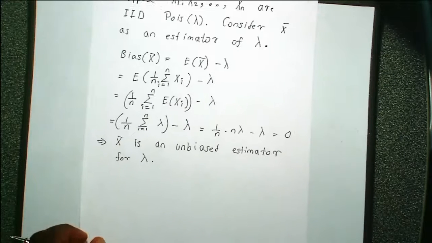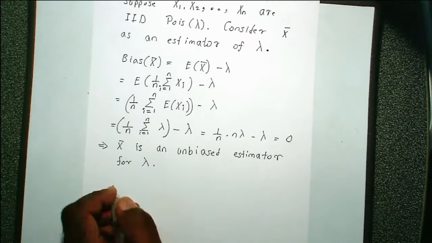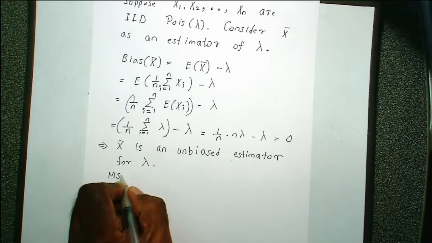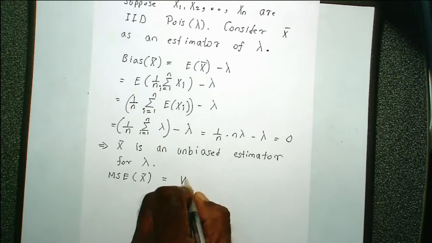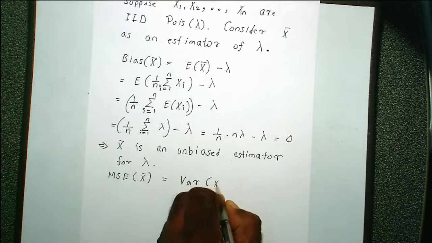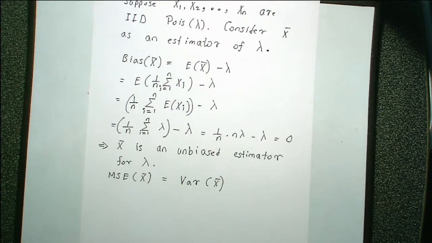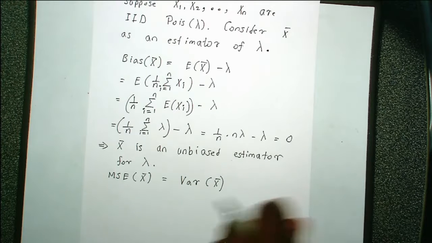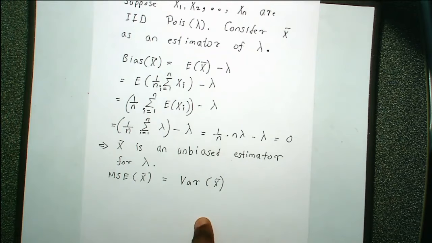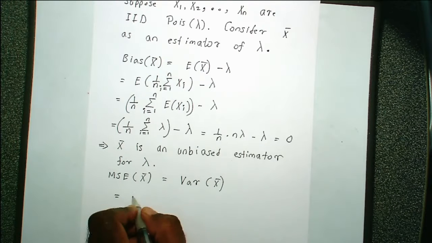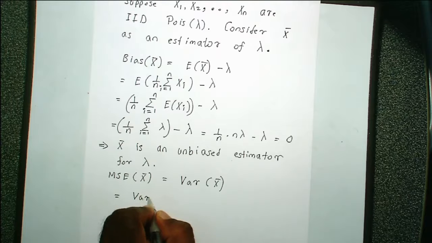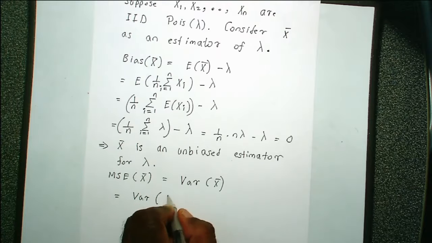All right, the next thing I want to do is to find the MSE. Because the bias is 0, we can say that the MSE is equal to the variance of x bar. Why is this equal to the variance? Because the bias is 0, as I just said.